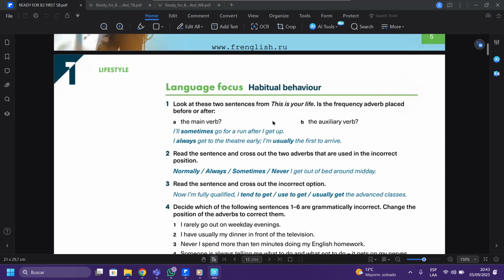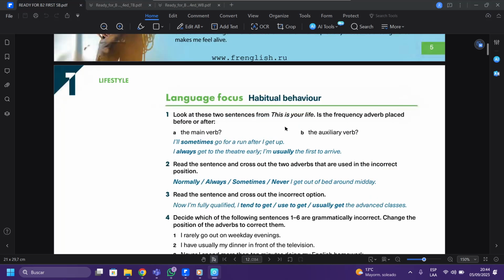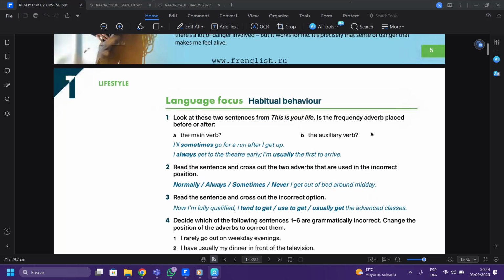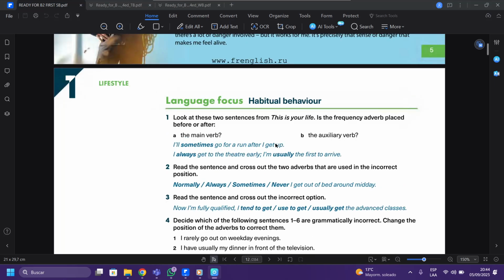So please, we're gonna start the lesson, and I would like you to open your book on page number 6. Let's take up what we left off on the previous lesson. This is the page that you are watching on the screen.